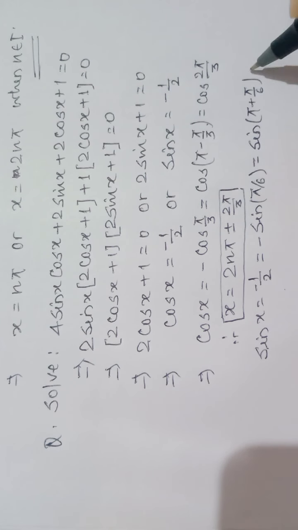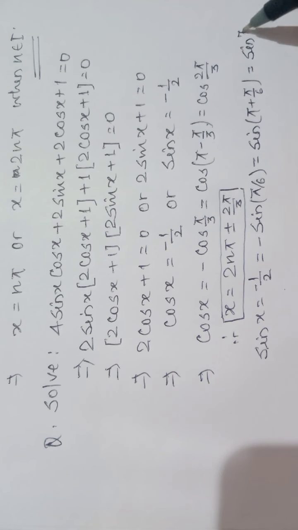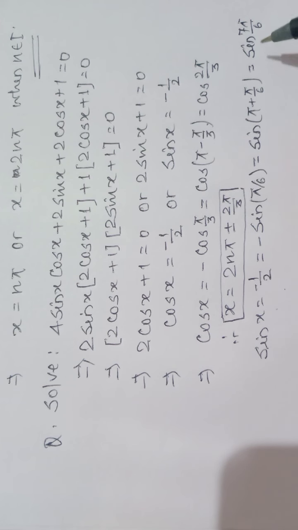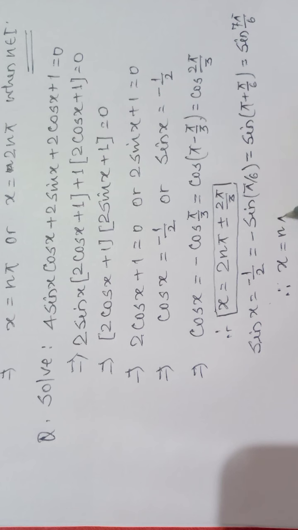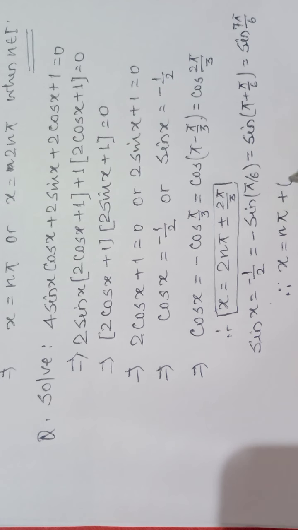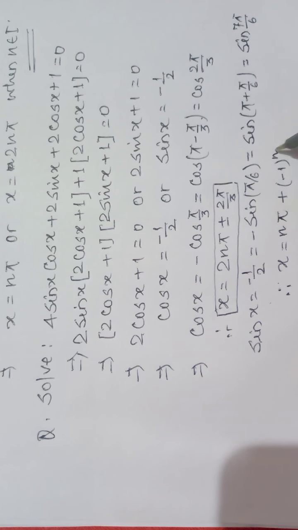It means sin 7 pi by 6. So sin x is equal to sin 7 pi by 6. It means x is equal to n pi plus minus 1 to the power n into 7 pi by 6.